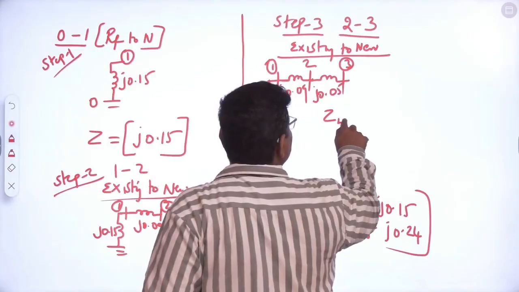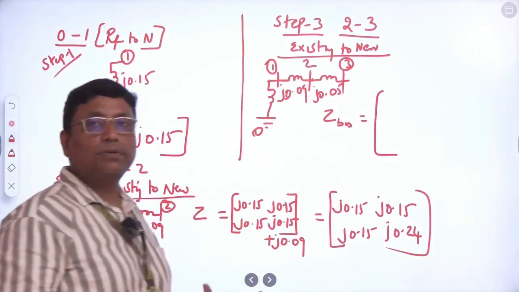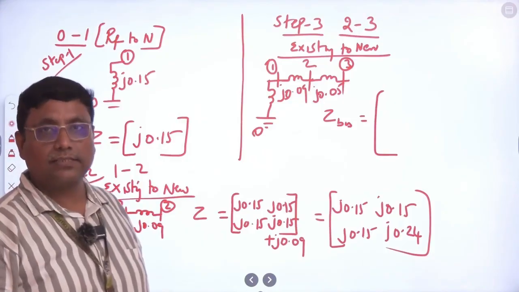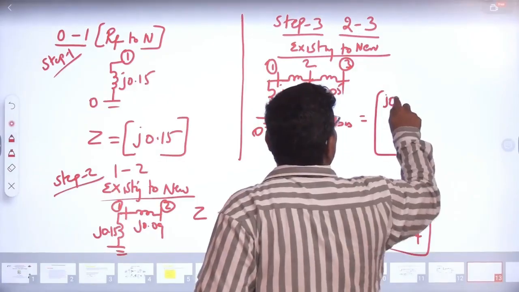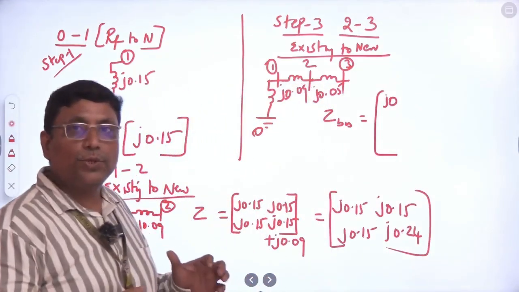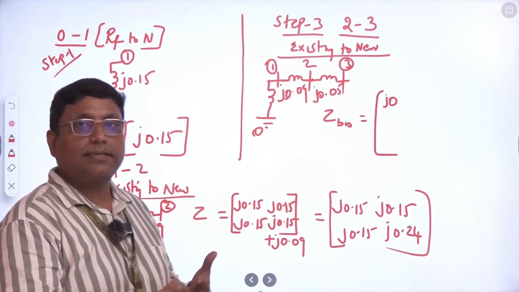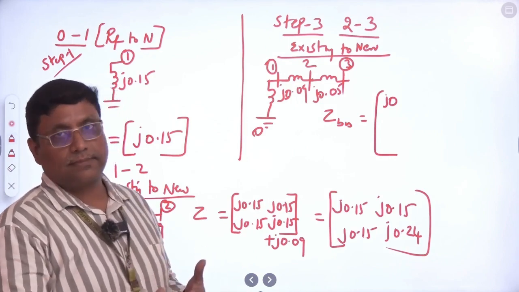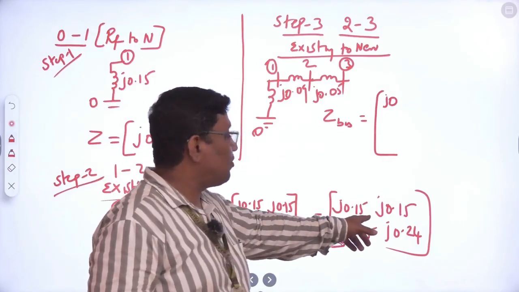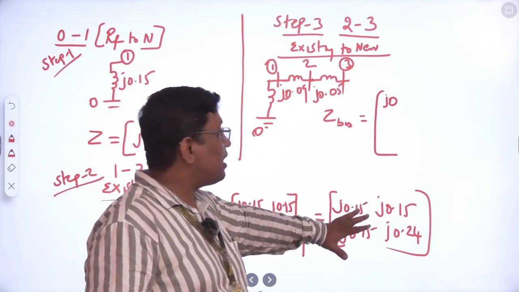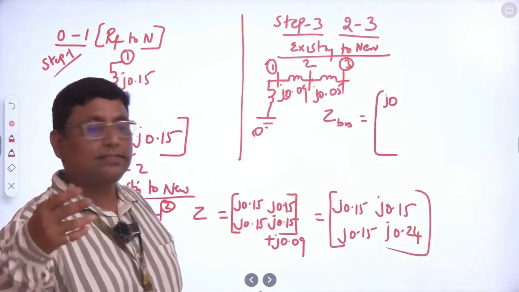So the size of the Z bus matrix is increased to 3 cross 3. Bus building means we can use the previous Z bus value. So step by step we can build up the Z bus. From step number 2, we get the j0.15 2 cross 2 matrix, the same matrix repeated, but here the size of the matrix is 3 cross 3.